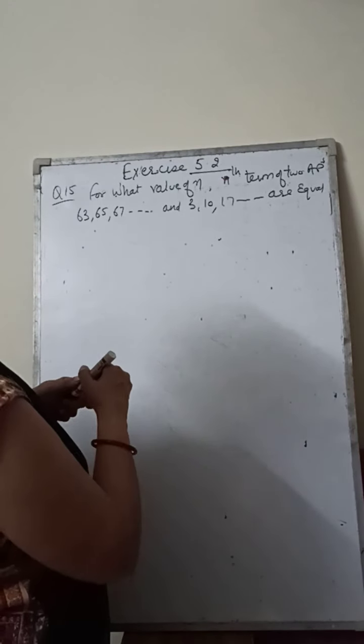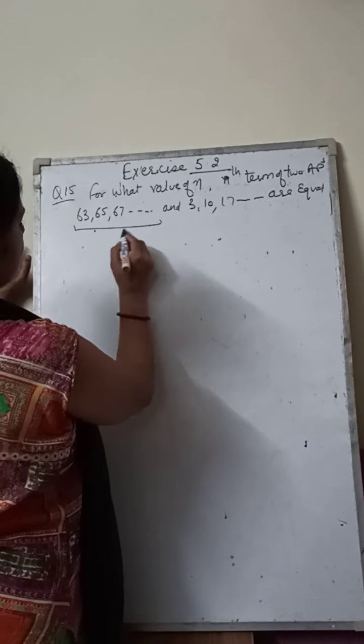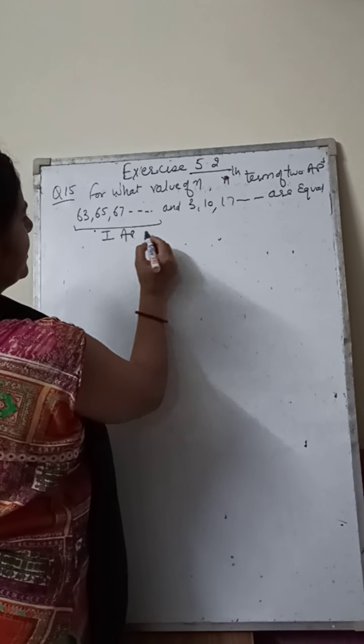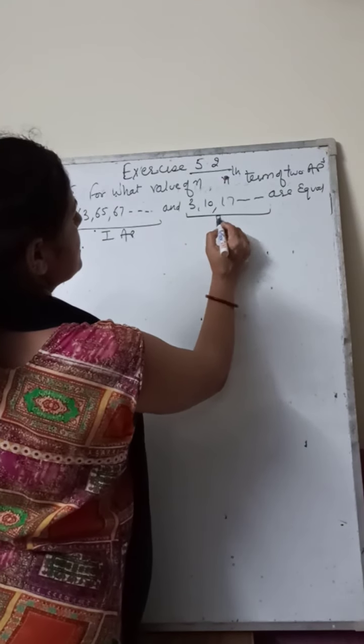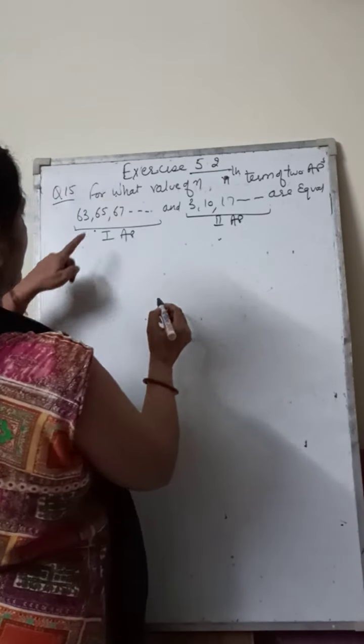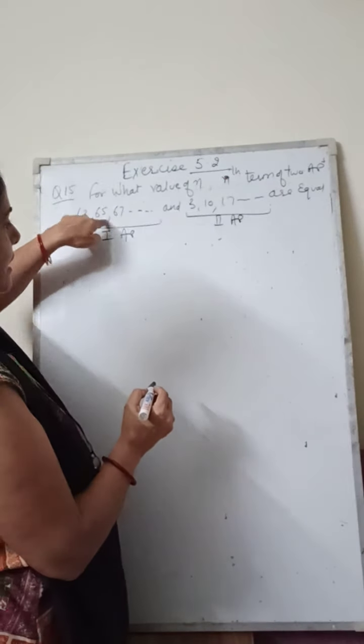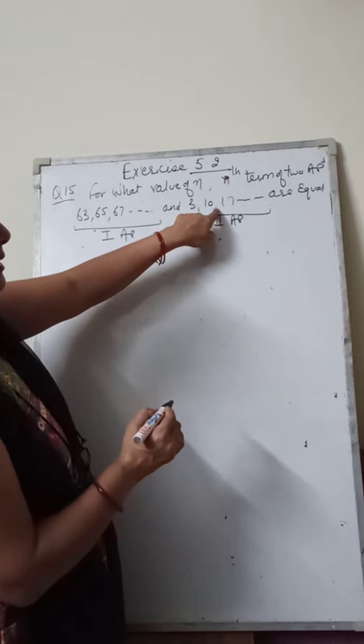Beta, this is the first AP, and this is your second AP. The nth term of this AP and the nth term of this AP are equal.